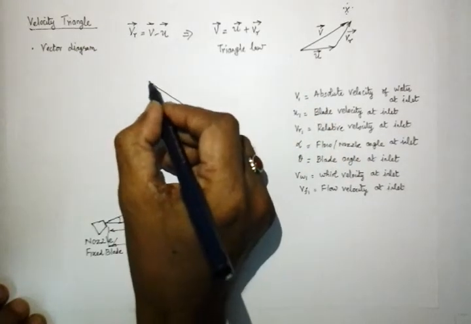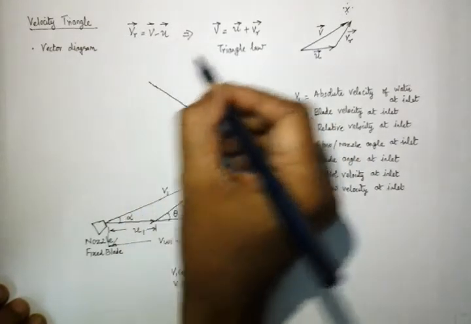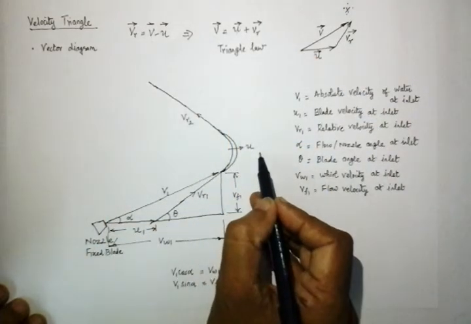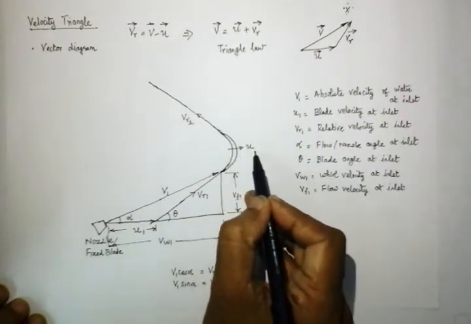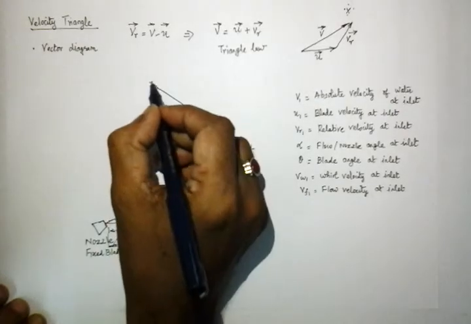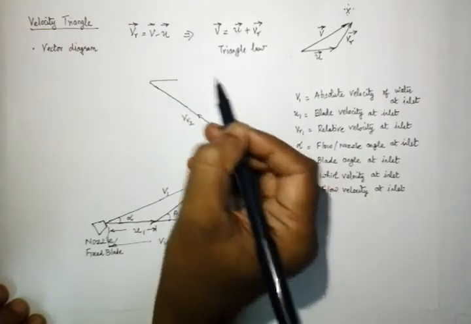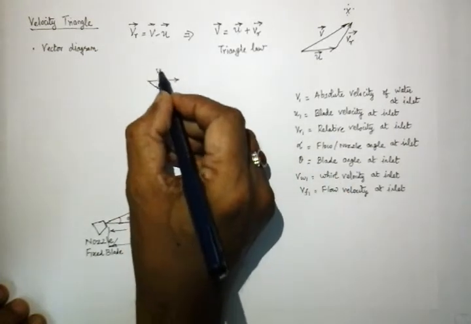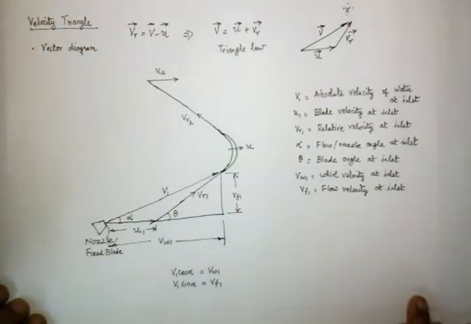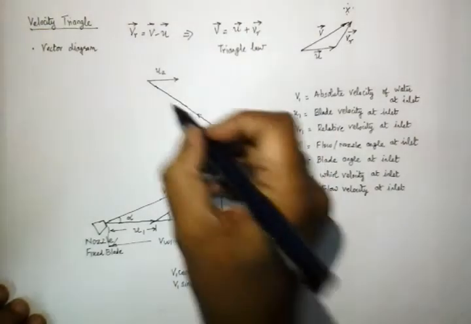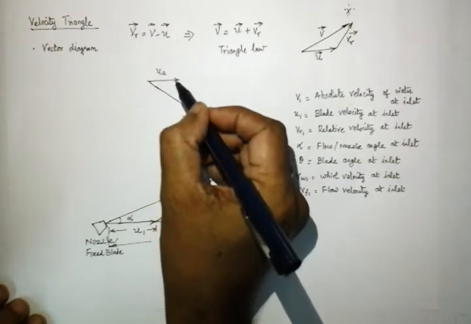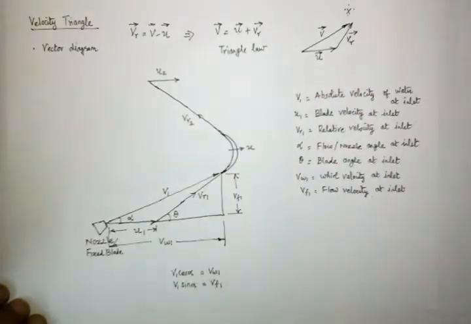The head must be placed over the tail of the blade velocity. The blade is moving in this direction, so I follow this direction. This is the blade velocity at outlet, understood? This is the head placed over the tail of the next vector, that is the triangle law.